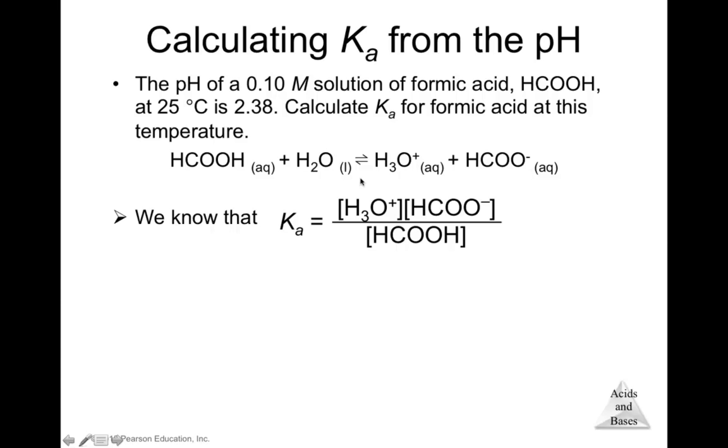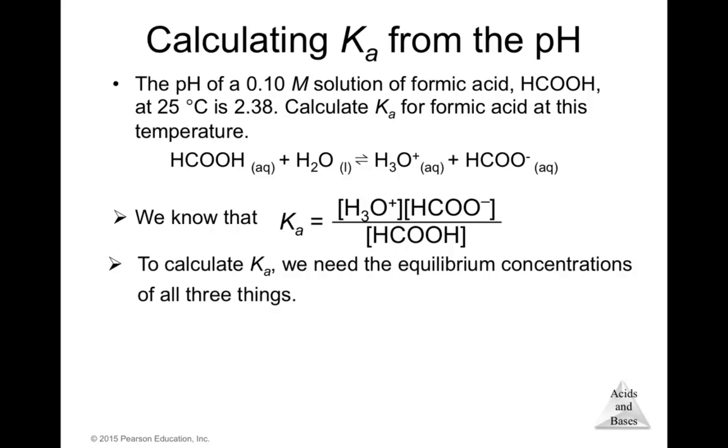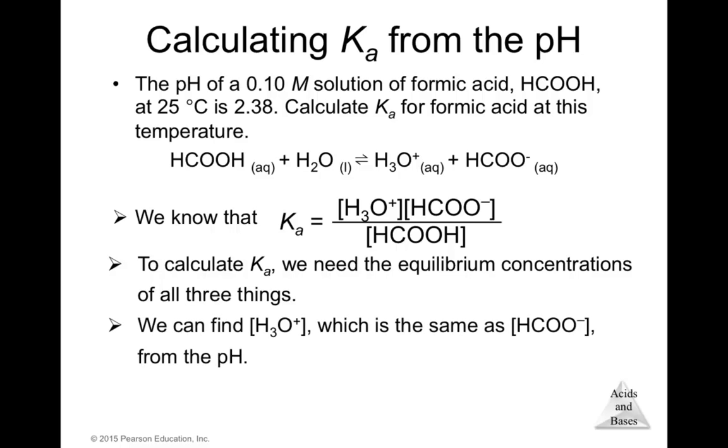Now, how can we calculate the H3O positive? In which formula have we seen this expression of this concentration? In the pH. So we need to look at the pH of this solution, and we know the value for the pH is 2.38.